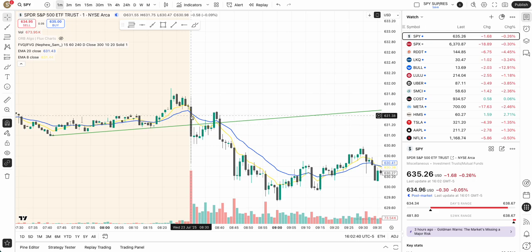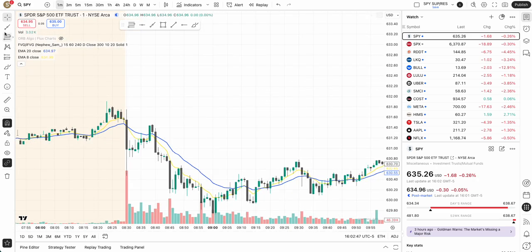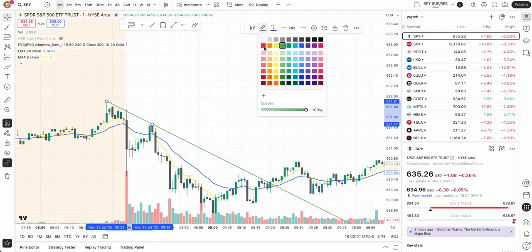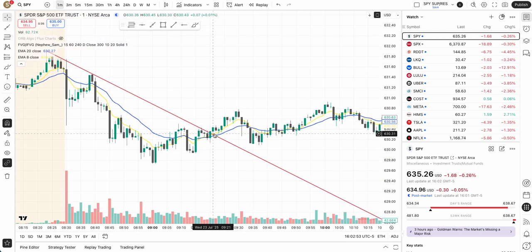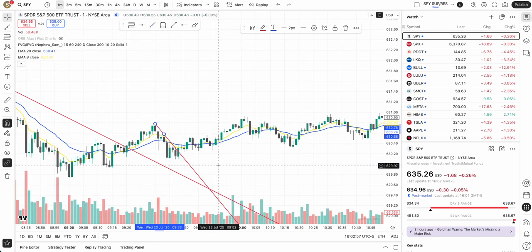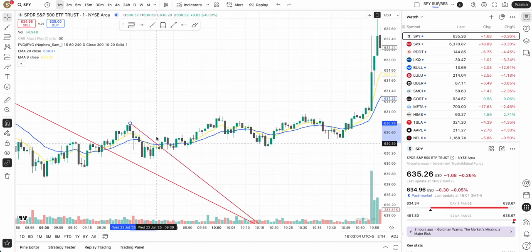Yellow is below the blue, so you could have taken these puts. And we got our downtrend here. We cross here. That's good. We cross here, but yellow's below the blue, so we would have avoided that and just kept moving our line over.